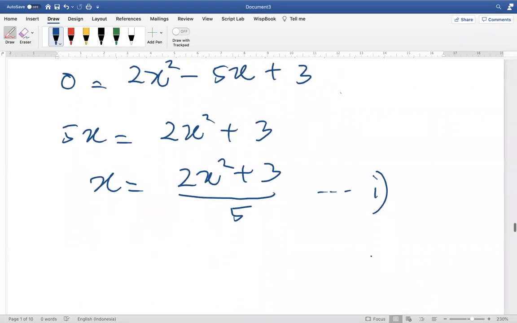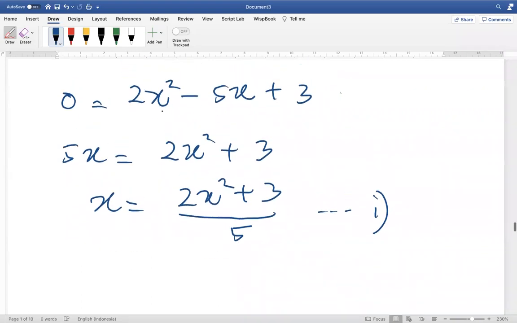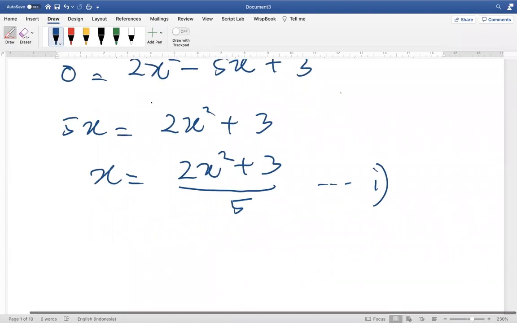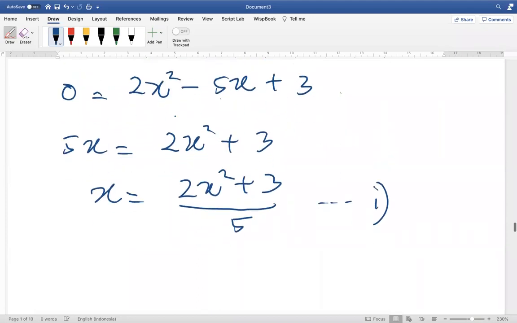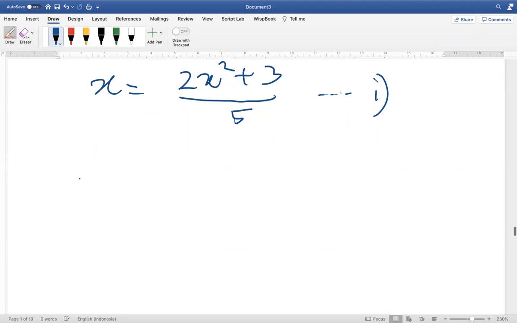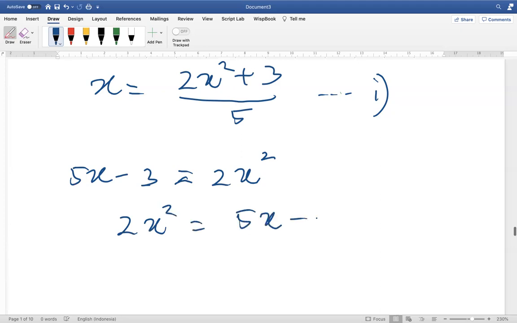Okay, and then look at the second arrangement. We can derive it from this. Instead of moving only 5x, let us move all the terms, so we have 5x minus 3 equal to 2x squared, or 2x squared equal to 5x minus 3.